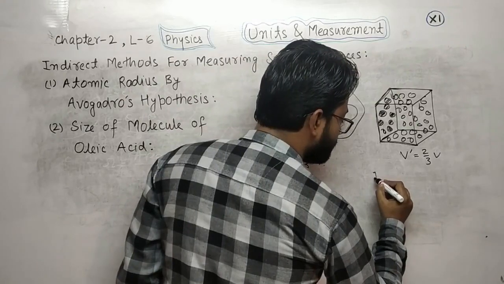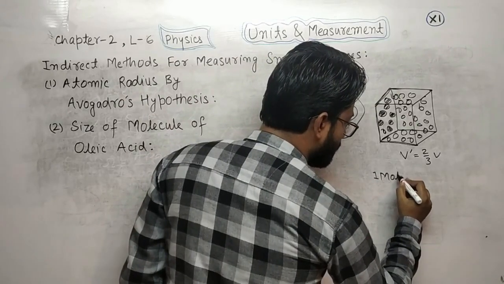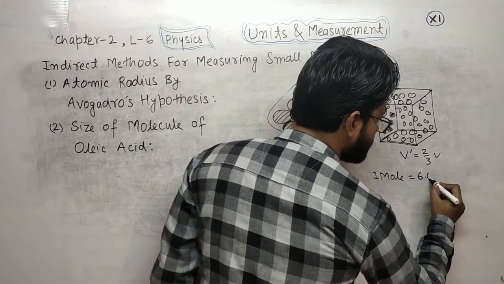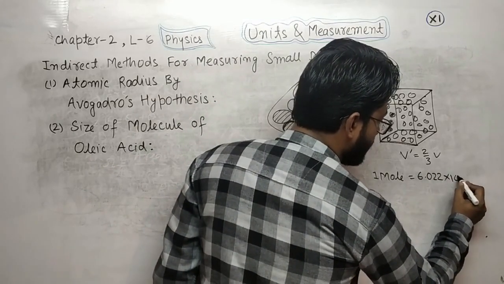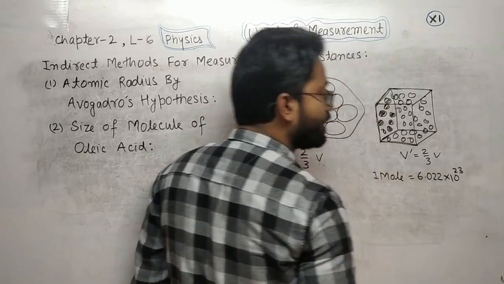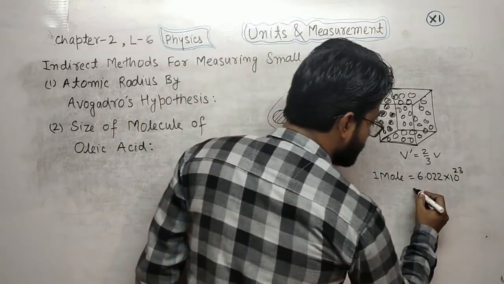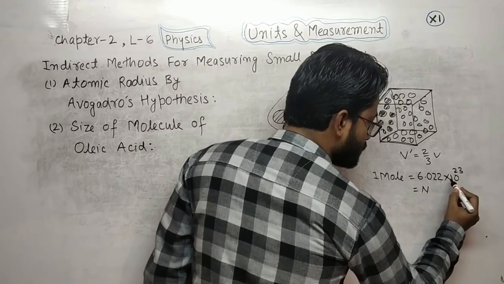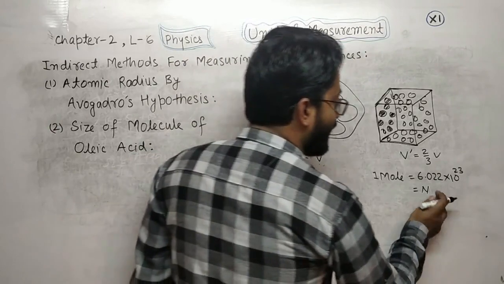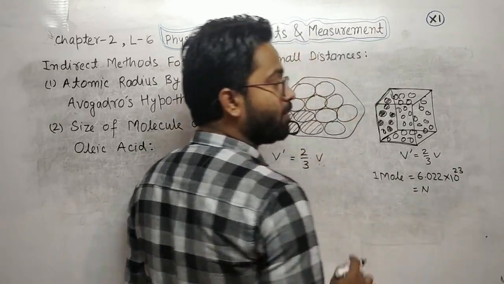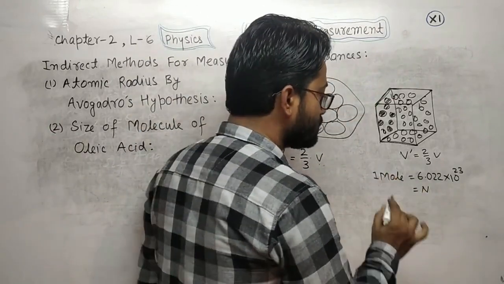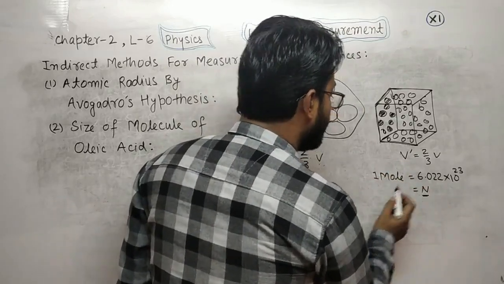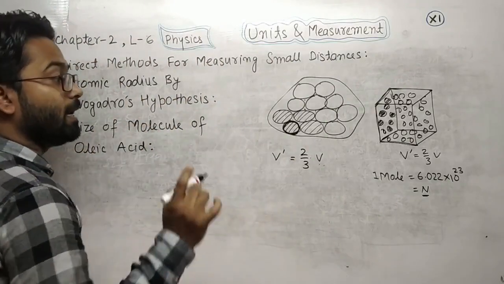1 mole of substance contains 6.022 into 10 to the power 23 atoms or molecules. You can say 6.022 into 10 to the power 23 is N, where N is the number of molecules in 1 mole. Simply, N is the Avogadro number.